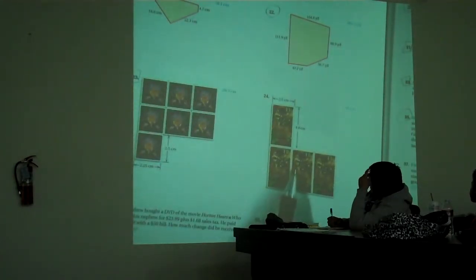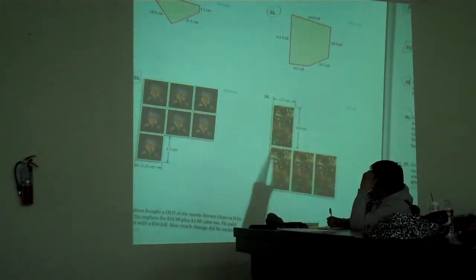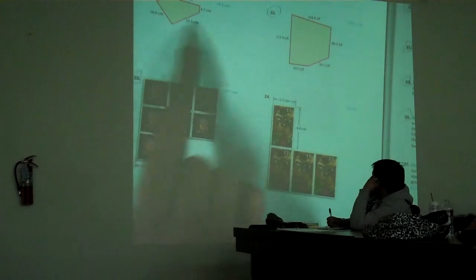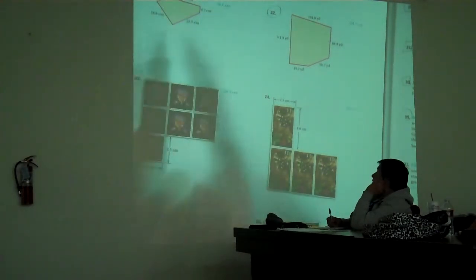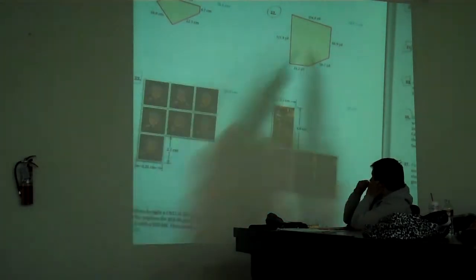You remember what perimeter is? If you're guarding the perimeter, you're guarding the fence. So it's how far it is around it, right? So for the perimeter, add up all of the outside as if you were putting a fence up. How many miles would you need? How many yards would you need? Okay, so the perimeter, add them up.